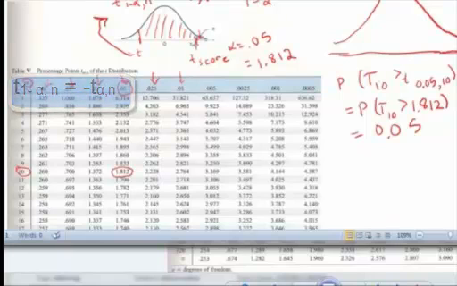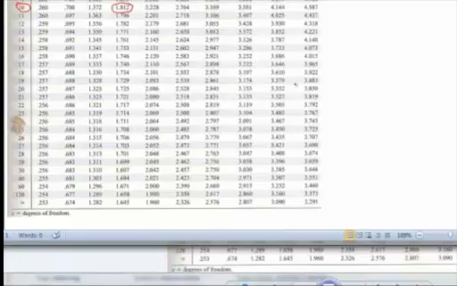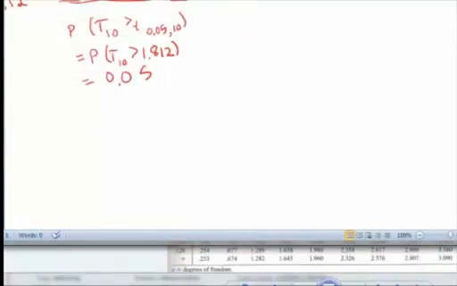Now, the nice thing about t-scores, though, is that we can use them pretty much exactly like z-scores. So just as before, we laid out our edge limits for z-scores for confidence intervals, we can do the same thing for t-scores.